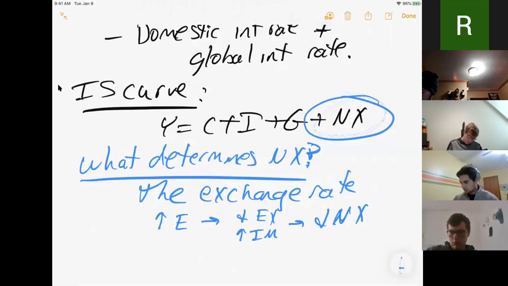When the dollar appreciates, this is going to make US goods more expensive and foreign goods cheaper. And so that's going to tend to reduce exports, increase imports, and reduce our net exports.